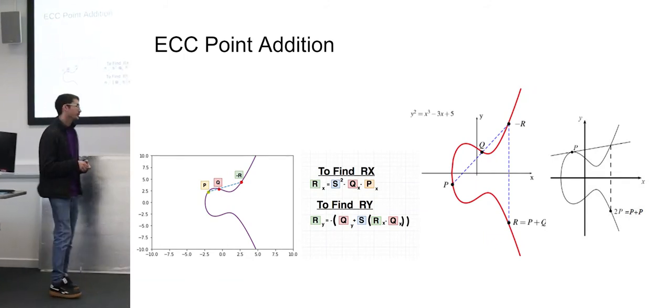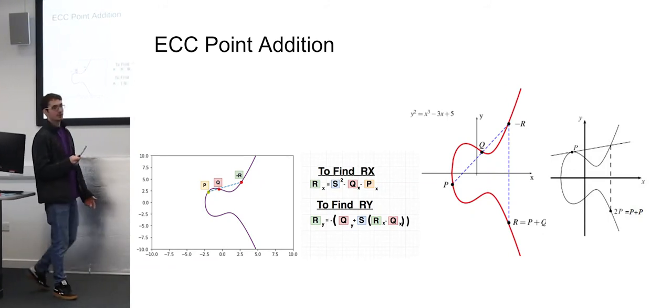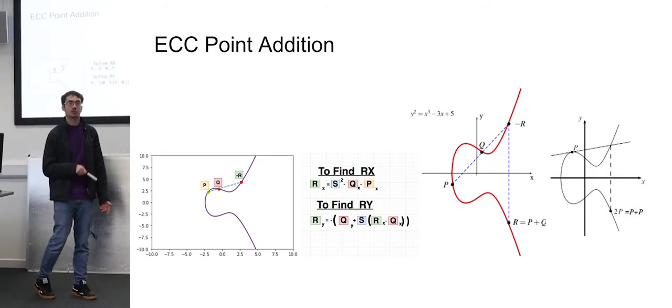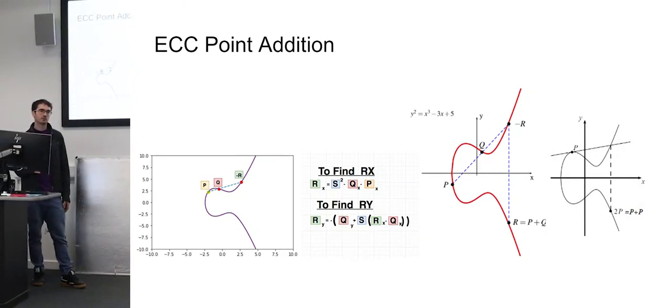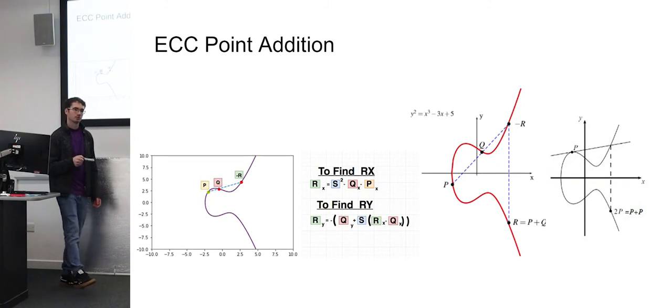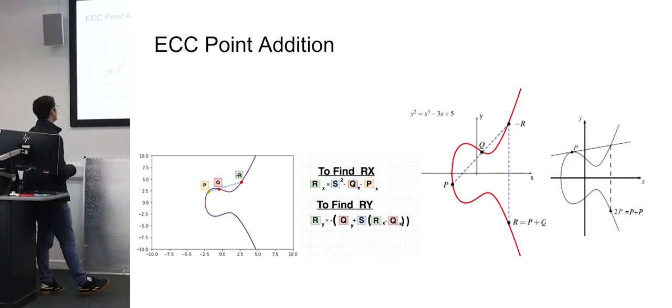And one of the really cool properties about elliptic curves is if you have 2 points on the curve and you draw a line, you're always going to get a third point, except for some specific use cases.